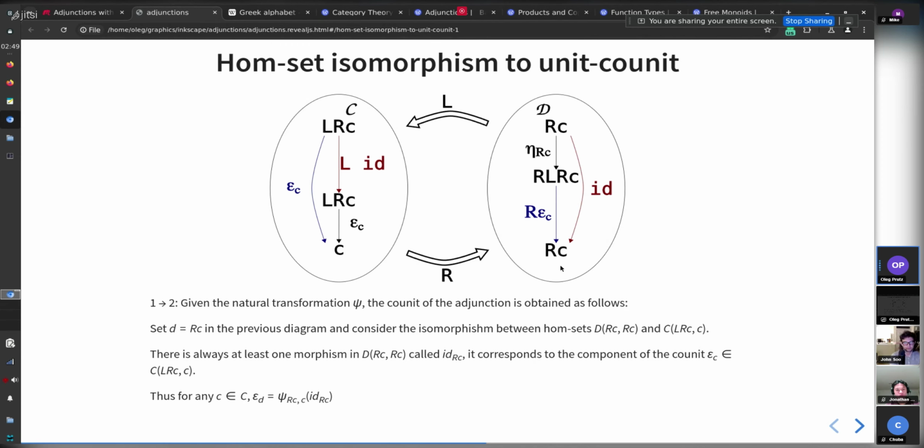This is an isomorphism, and it should give us a morphism, which happens to be the component of the co-unit at C. So that is how the two definitions are equivalent. There's a third definition which I haven't included here, but the idea of it is that adjunctions are equivalent to universal properties. You'll see that in a moment.